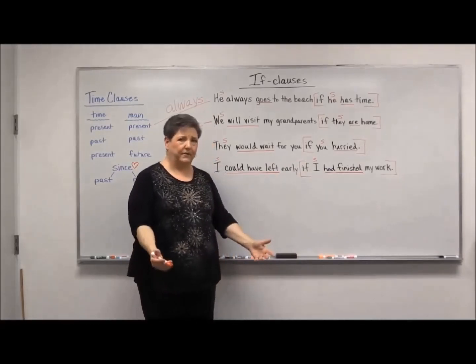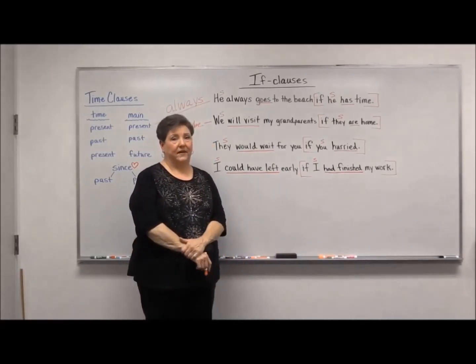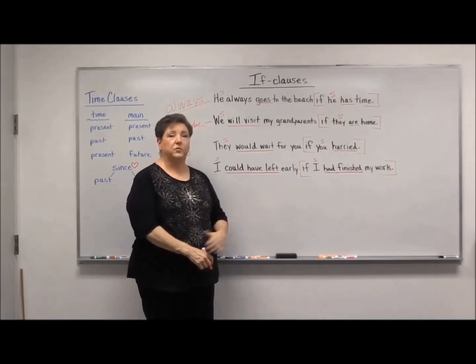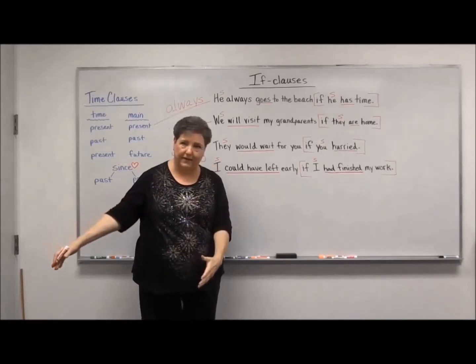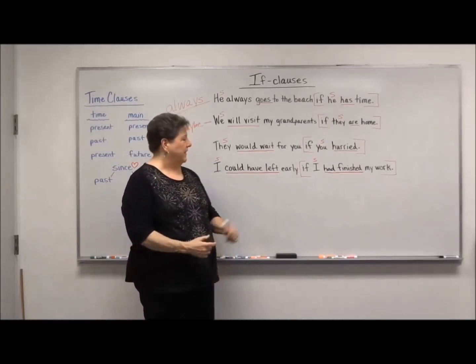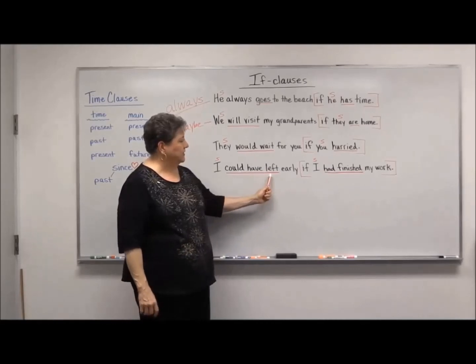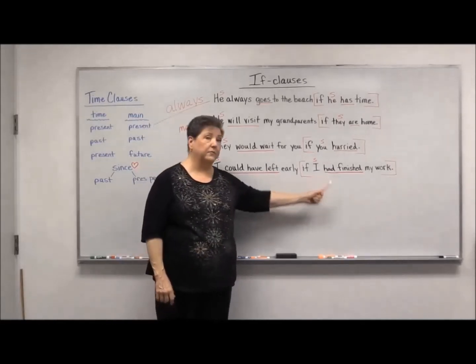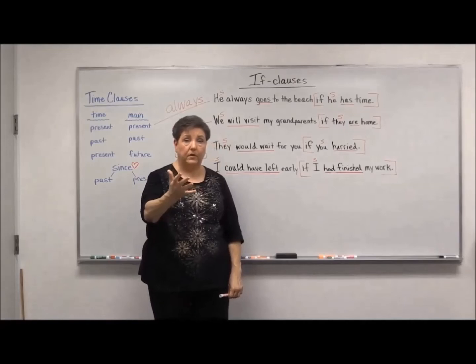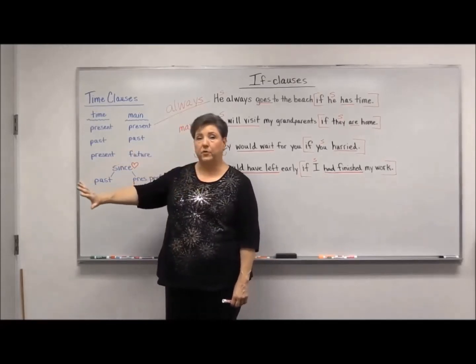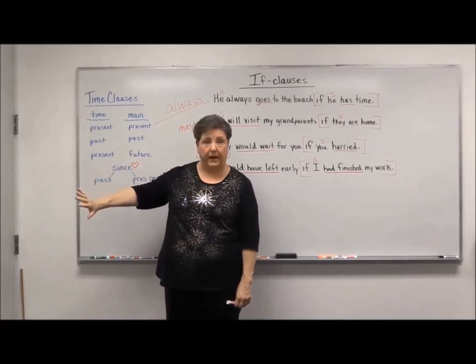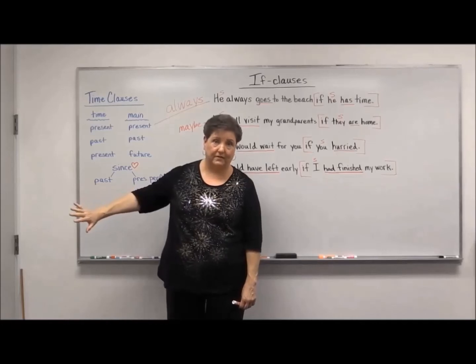When did this happen? In the past. So this is an unreal situation that did not happen in the past. And that's why we're using a modal with the present perfect. And then past perfect. Past perfect, you remember, I taught you. The past perfect means an action happened in the past and was finished in the past.